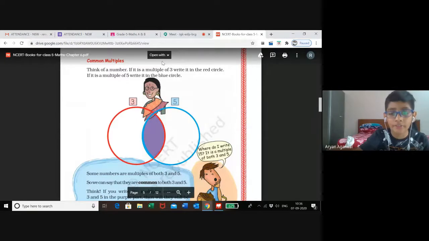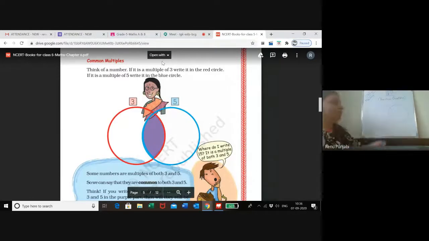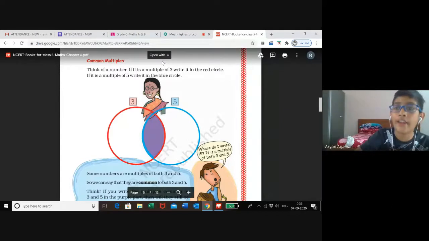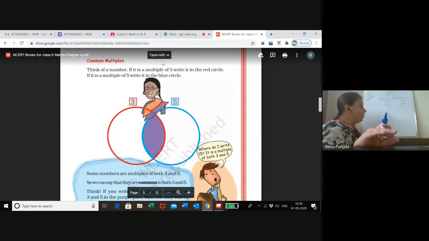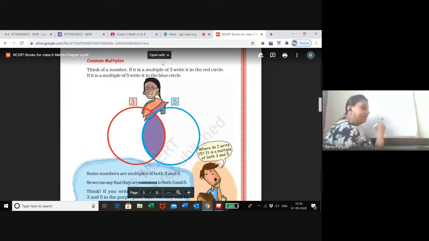Ma'am, we have to think of a number. In case I think of 9, it is a multiple of 3, so we write it in the red circle, and all the common numbers we have to write in the middle one. Very good.